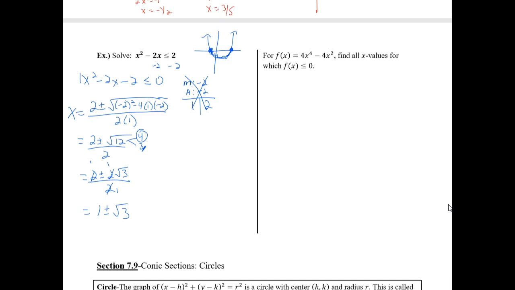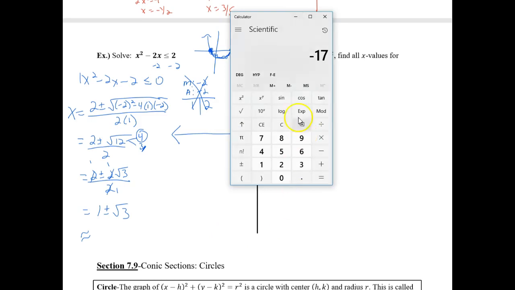Now, since I'm going to be drawing a number line, and I need to figure out where these critical values are on the number line, I'm going to go ahead and approximate these as decimals. So I'll leave the exact answer as my final answer, but for the sake of my number line, I'm going to approximate.